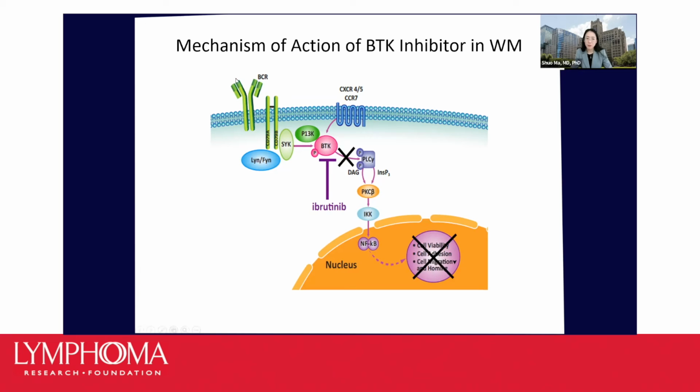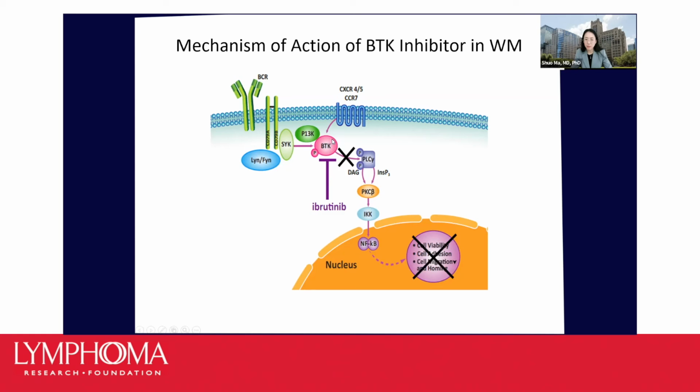Those signals are transmitted by this B-cell receptor sitting on the surface of the cells. Once they bind to the receptor, it sends a signal into the nucleus through multiple enzymes along the pathway. This is called the signaling transduction pathway. BTK plays a critical role in the B-cell receptor signaling transduction pathway. It also plays an important role in the cytokine receptor pathway.